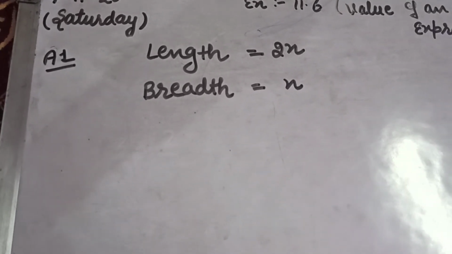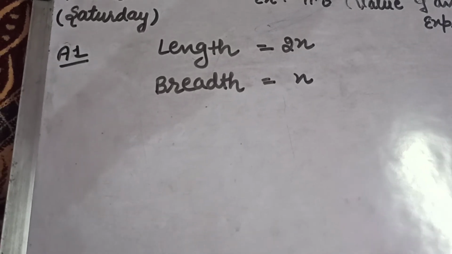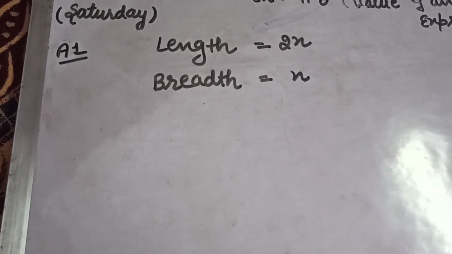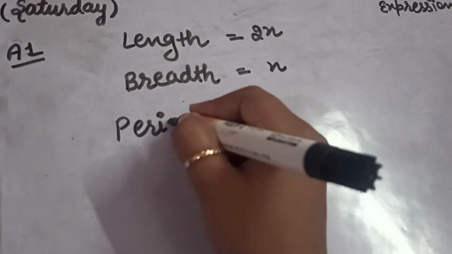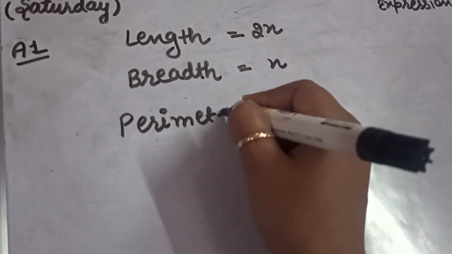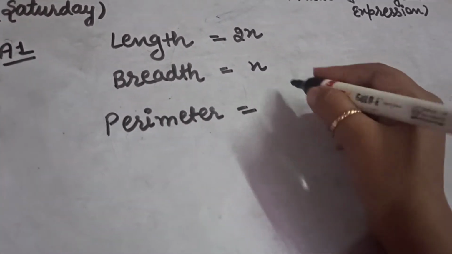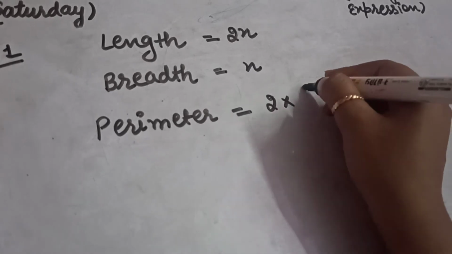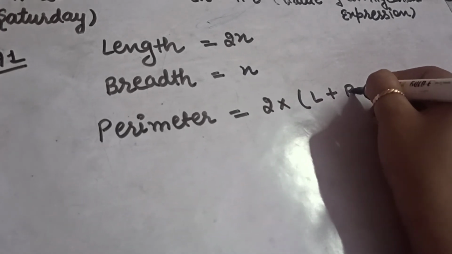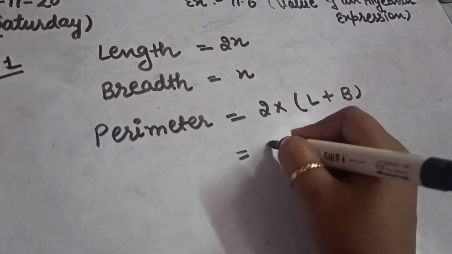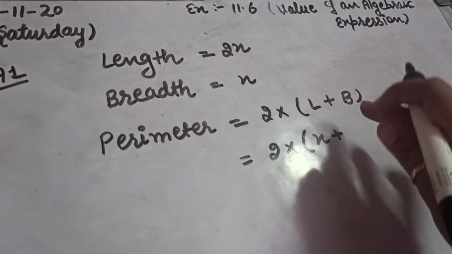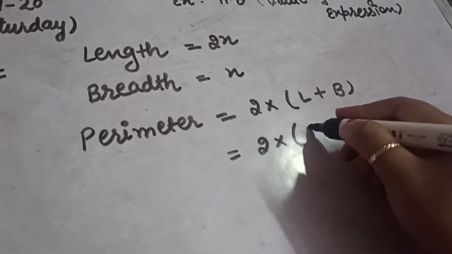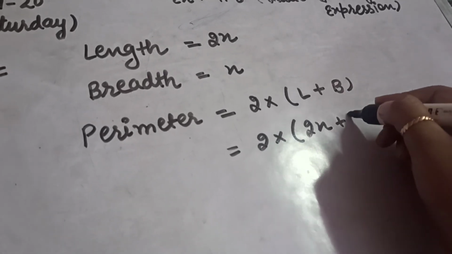So write an expression for its perimeter in terms of its breadth. Means directly we have to write the perimeter. So perimeter of rectangle is 2 multiply length plus breadth. So according to this, the value of length is 2x and breadth is x.